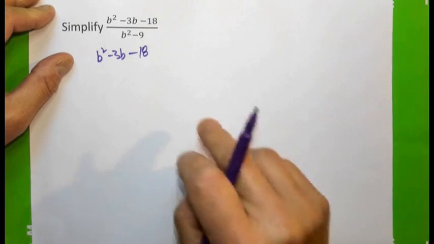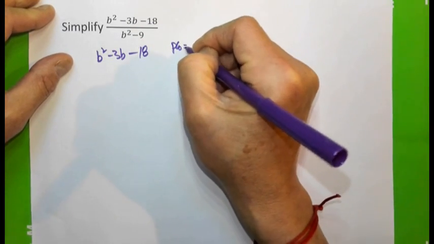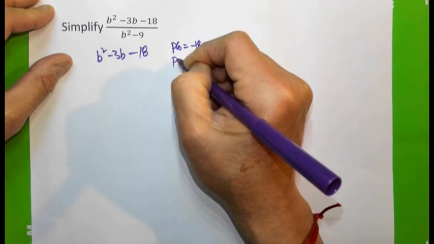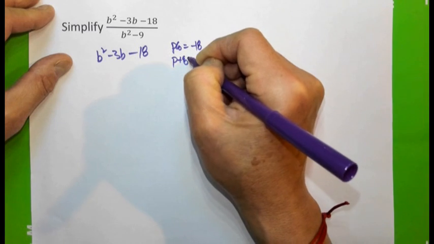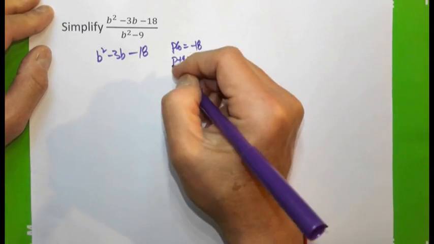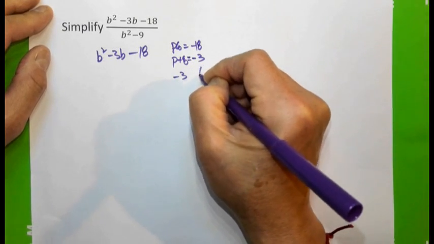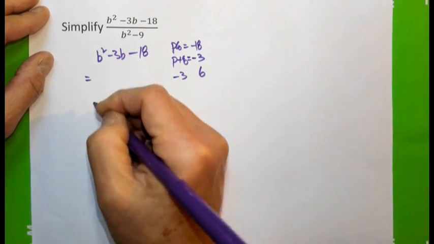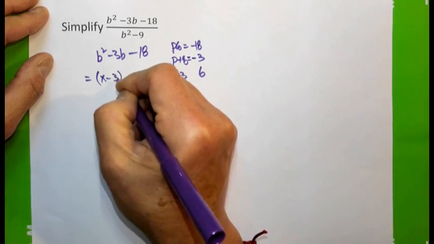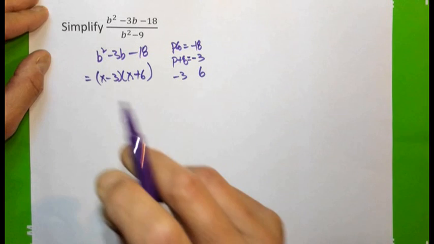We need to find two numbers which multiply to minus 18 and add up to minus 3. And the two numbers are minus 6 and 3. Therefore, b squared minus 3b minus 18 factorizes into x minus 3, x plus 6.